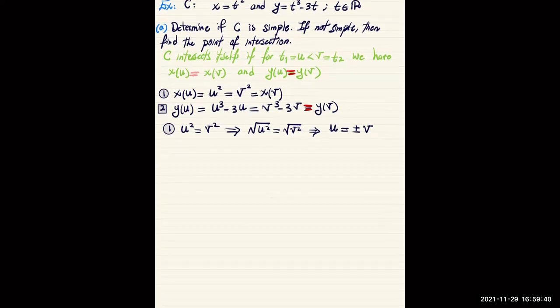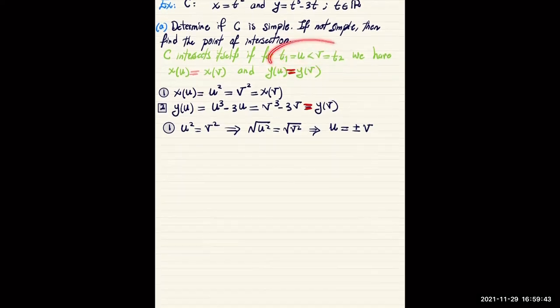This is what we assume, so we got to go with that assumption. So since we assumed u less than v, then we take u equal to negative v. All right.